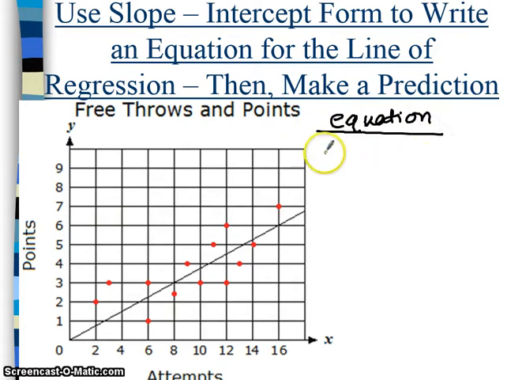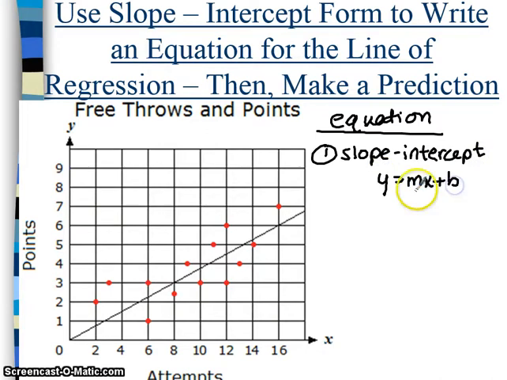The first option is slope-intercept form. This form, which if you remember is y equals mx plus b, where m is the slope and b is the y-intercept, is useful if we can identify the slope and the y-intercept on this graph.